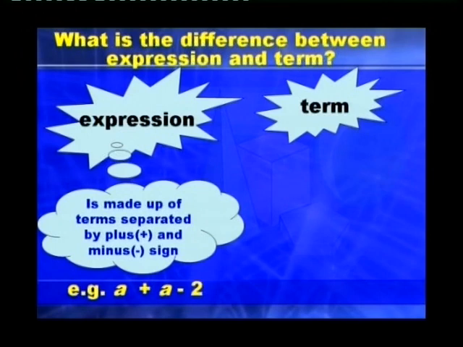On the screen you have an example of what an expression is. A plus A minus 2 is an expression. Remember, an expression is made up of terms separated by two operations which are addition or minus sign.